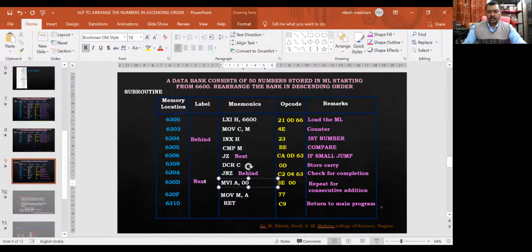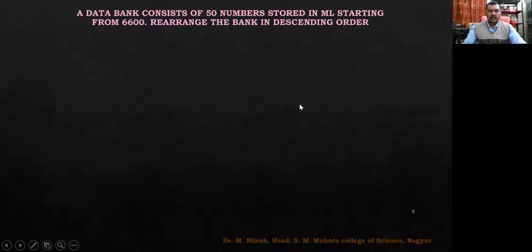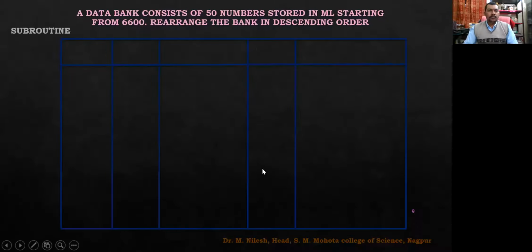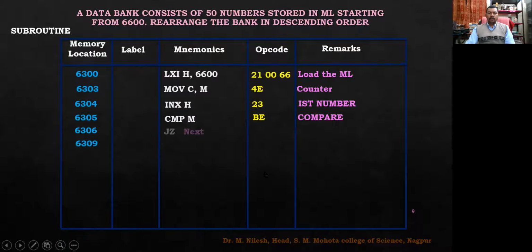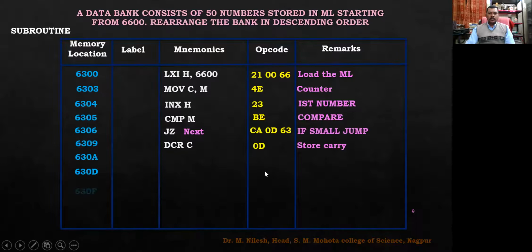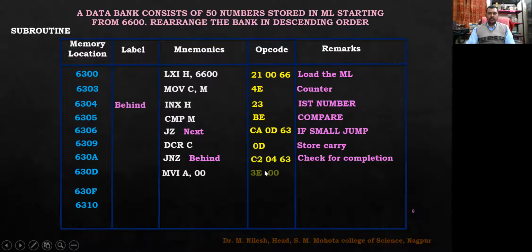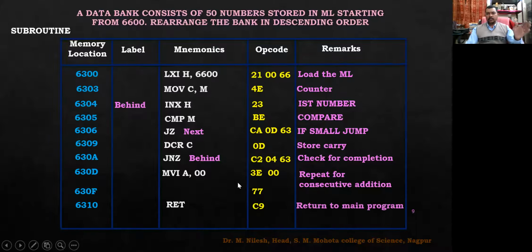Perfect. So this is the subroutine that we are expecting to load. I guess you have understood the program, and this is how it's going to move. MVI A 00, and then we'll be having 00 return to the main program. So it is just going to replace the largest number by the number 00.